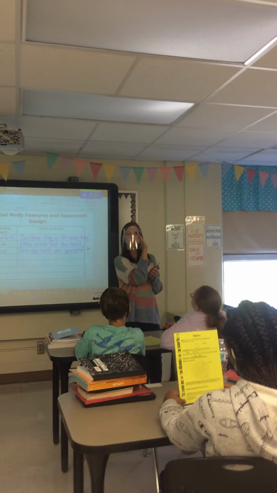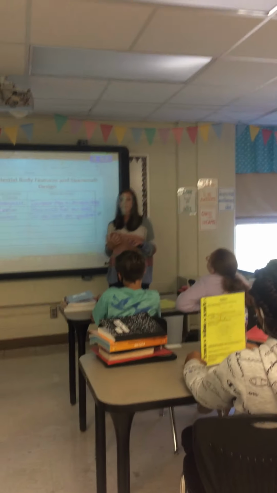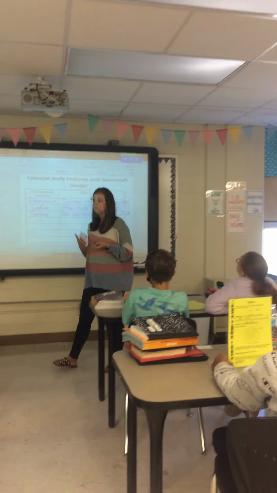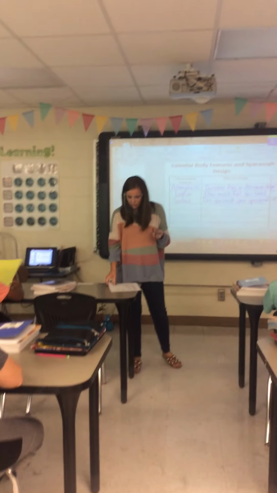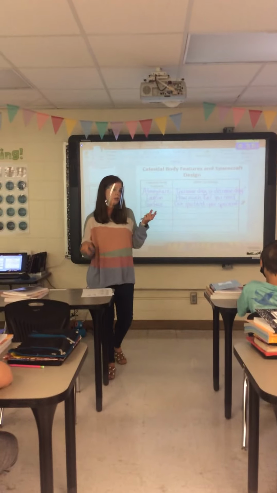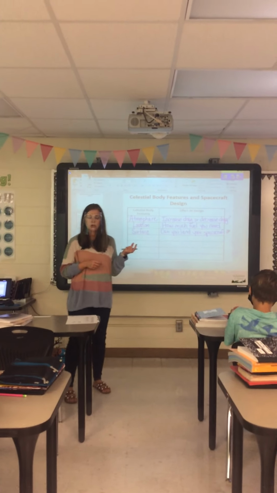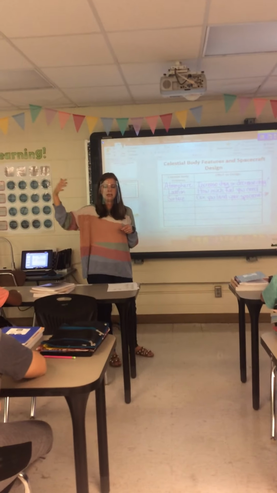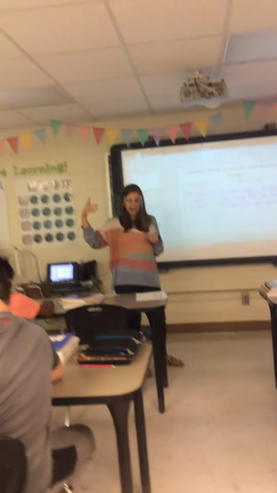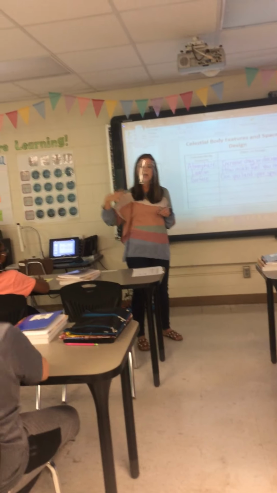It's also why we have seasons. That's why there's life here and not on any other planets that we know of. Okay, so the hot planets are going to be Mercury and Venus because they're closer, and then your colder planets are going to be your outer planets, anything that's further away from the sun. Saturn, Jupiter, Mars, Uranus, and Neptune.